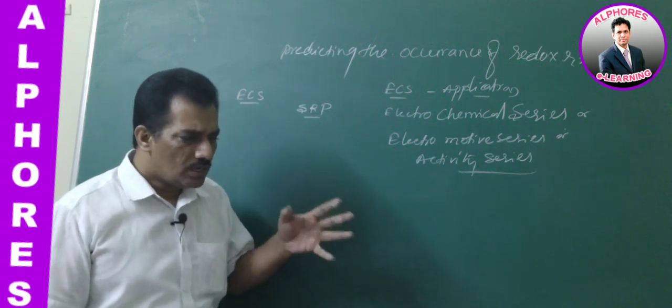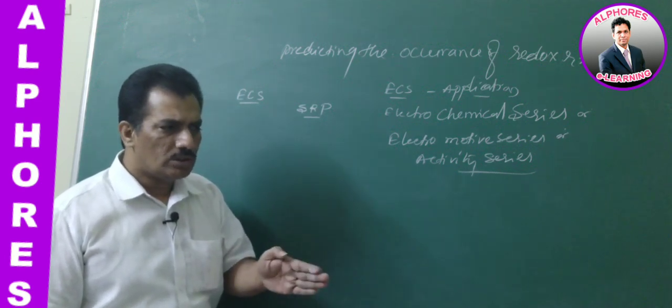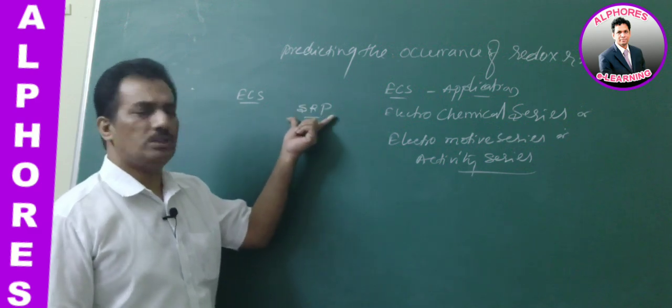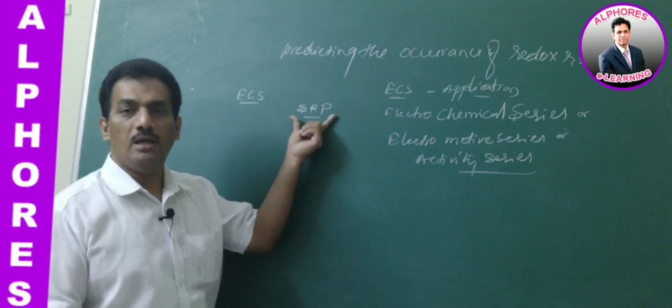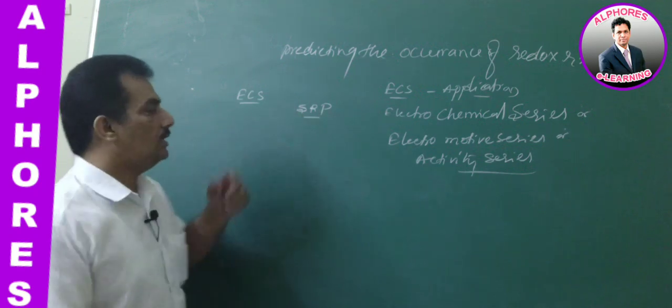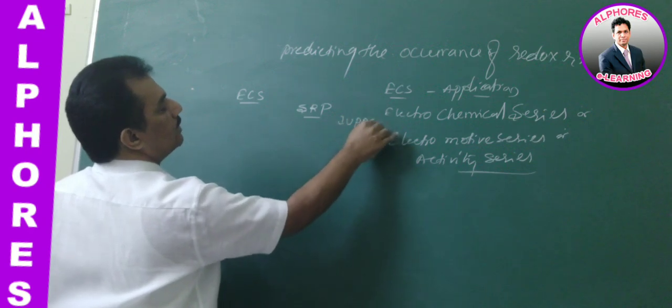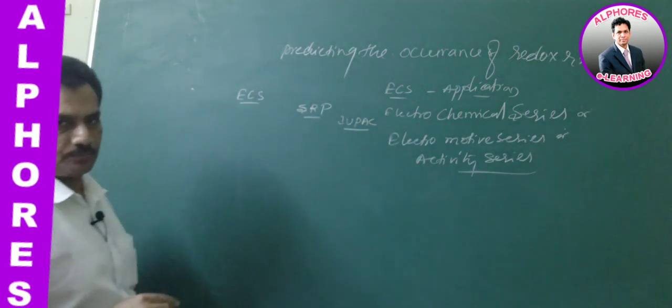In case any electrode provides oxidation potential, just take the opposite sign, it will provide the reduction potential, standard reduction potential. It is IUPAC convention. As per IUPAC, we should consider SRP.